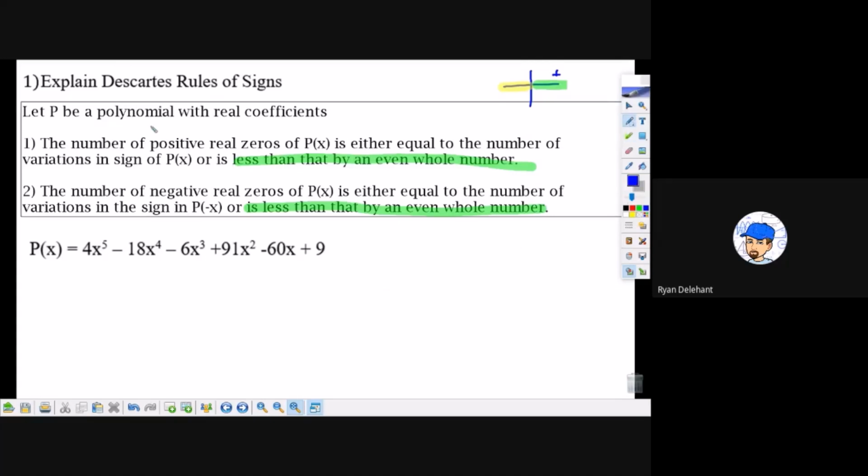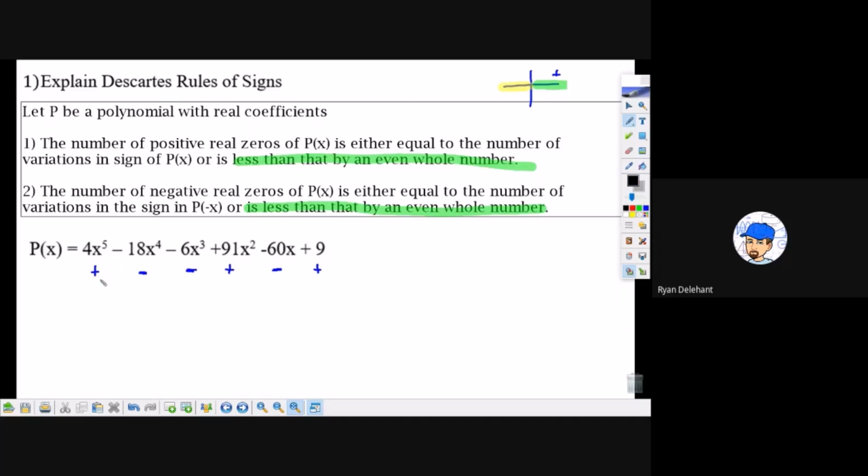So let's look at the first part. P of x is your polynomial, and it's counting sign changes. You have to look at each independent term and determine whether it's positive or negative. So 4x to the 5th is positive. What's the next one? That's negative 18. That's negative. That's negative. That's positive. I don't care about the number, which is why I write the sign below it.